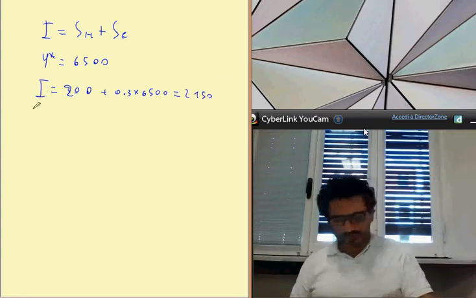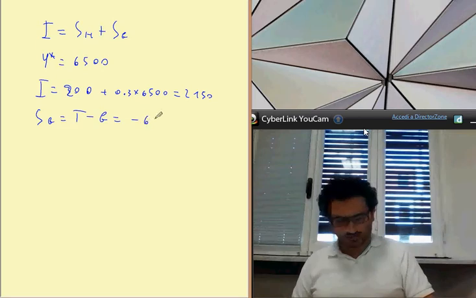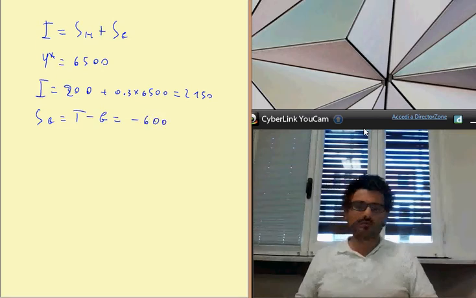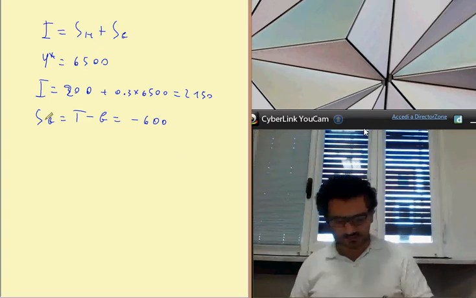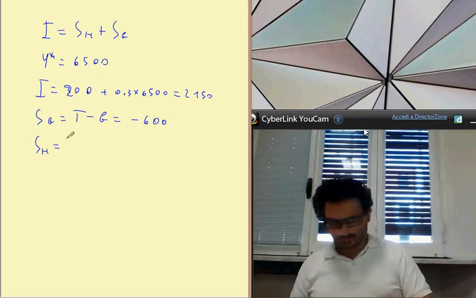2150. The government saving, we know, is the difference between taxes and government expenditure, and in this economy is equal to minus 600, which denotes a government deficit equal to 600. The household savings is equal to the disposable income minus consumption.